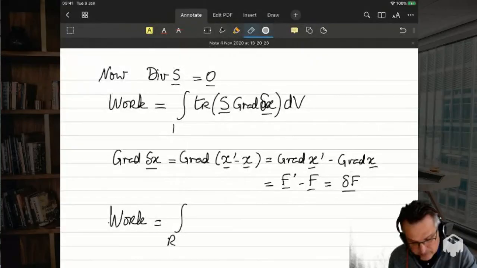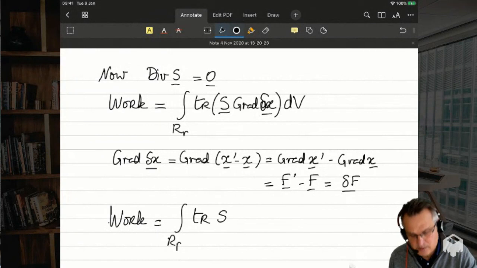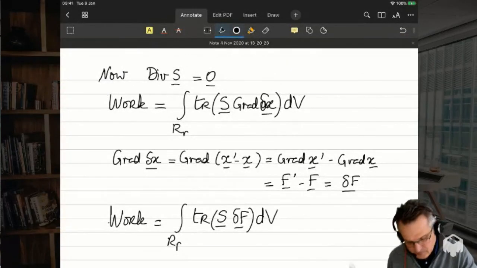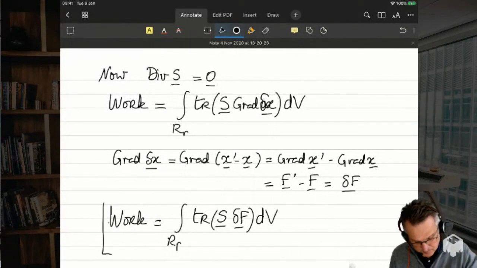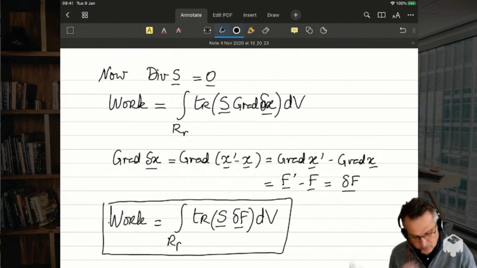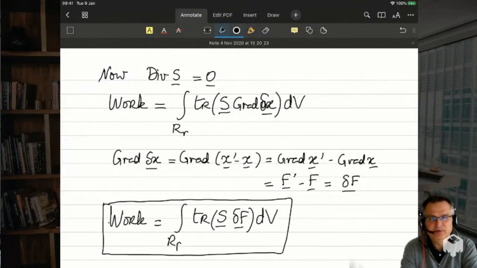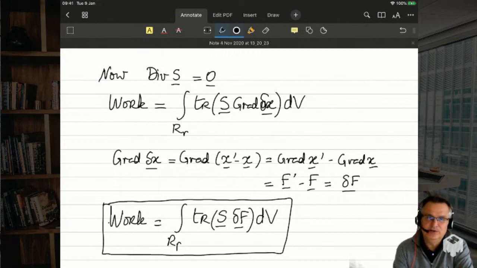So the work is the integral of S delta F dV. So that's just a reworking of everything we had at the beginning, just transformed, going from a surface integral in the current configuration to a volume integral in the reference configuration.